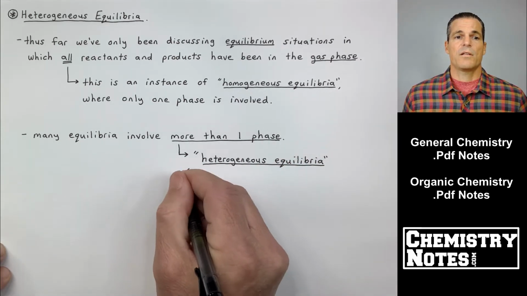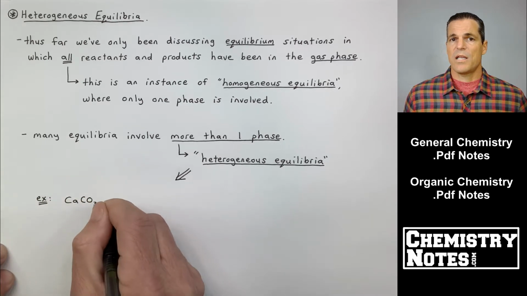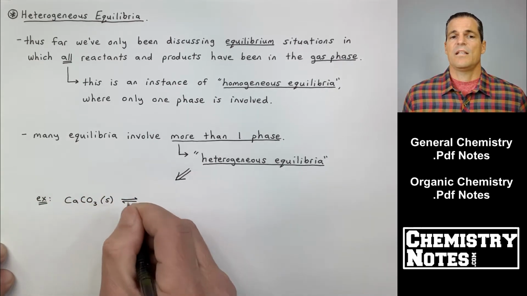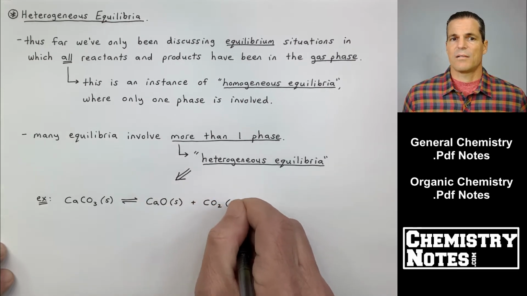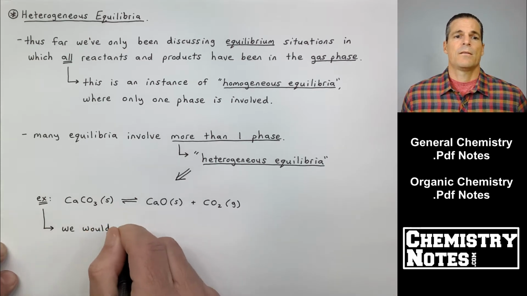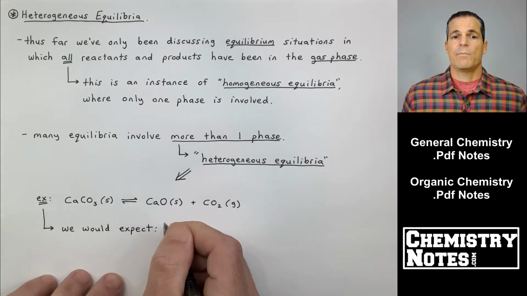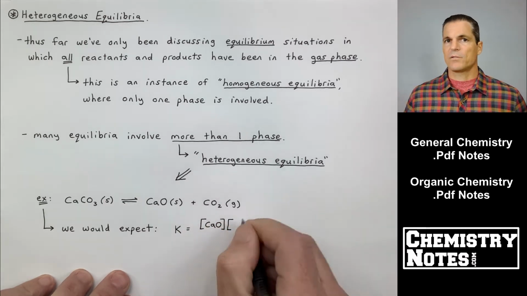So let's get started. I want to do an example here at the bottom of page 1. Calcium carbonate, which is a solid, in equilibrium with calcium oxide plus carbon dioxide. Right? And this is balanced. Everybody's 1 to 1 to 1. Now, if we were to write our equilibrium expression the way we've learned so far, we would expect products over reactants.